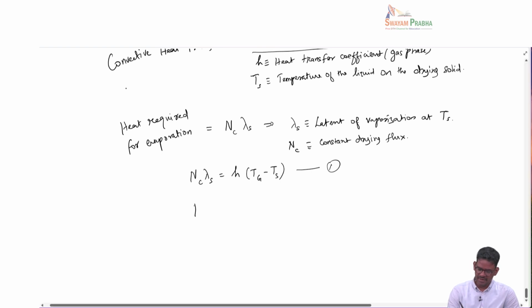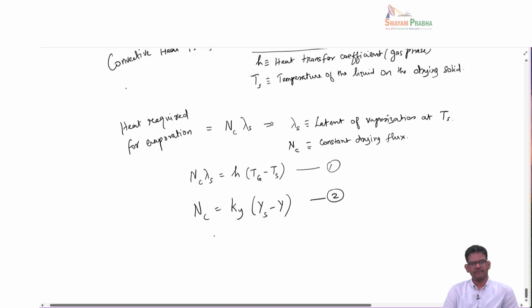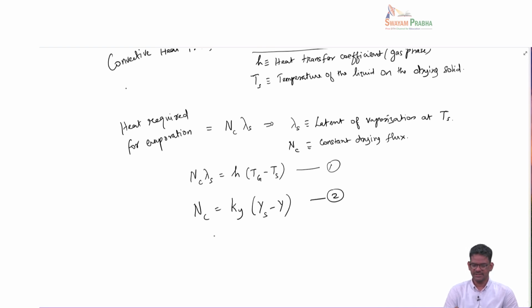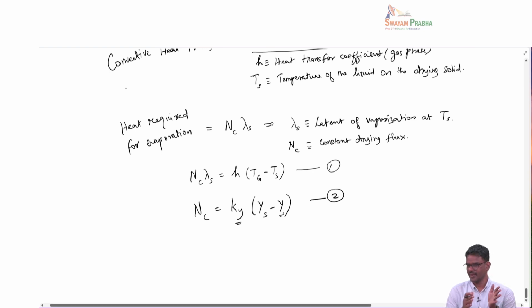And then we can independently also write the constant mass transfer flux as Ky times Ys minus Y. This is equation 2. When I talked about the constant drying flux in the last class, I mentioned why Nc can be constant, because the drying conditions are fixed, so the mass transfer coefficient Ky will always be fixed, and the initial humidity is also fixed and it is passing by, and Ys is the saturation humidity corresponding to the liquid surface temperature.